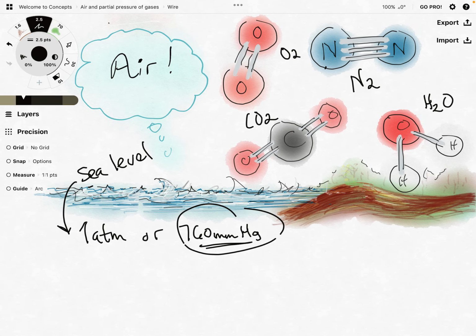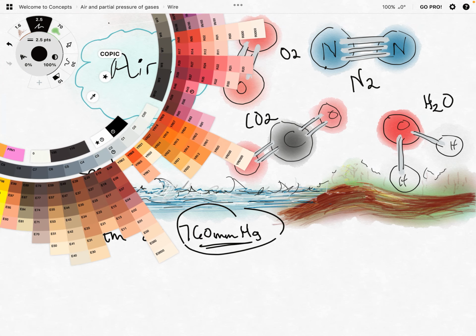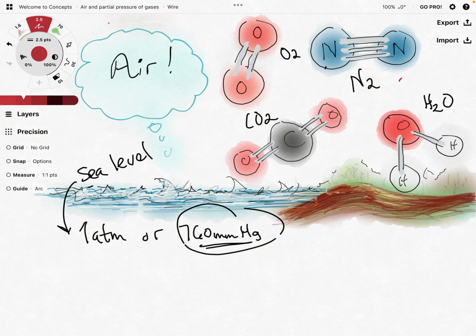Regarding these four gases, nitrogen is usually about 78%, oxygen is somewhere around 21%, and carbon dioxide and water together are a little bit less than 1%.